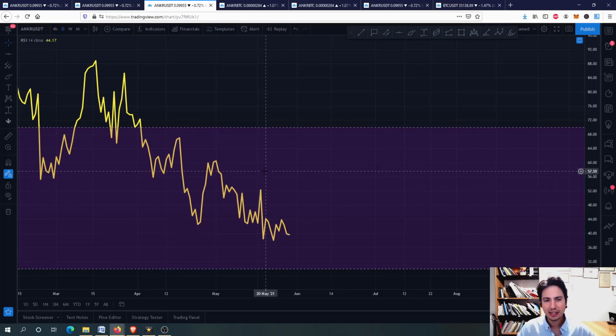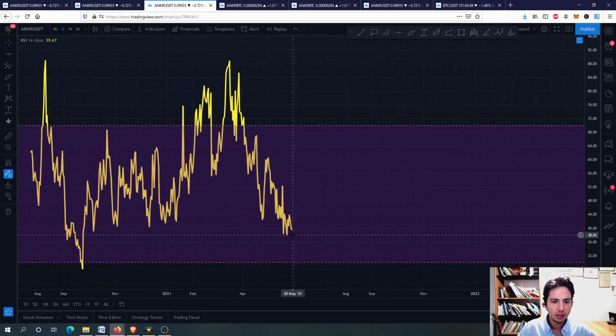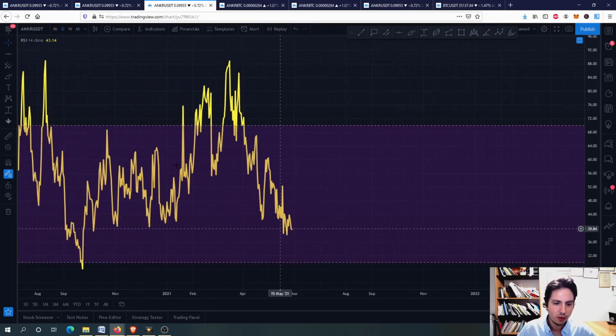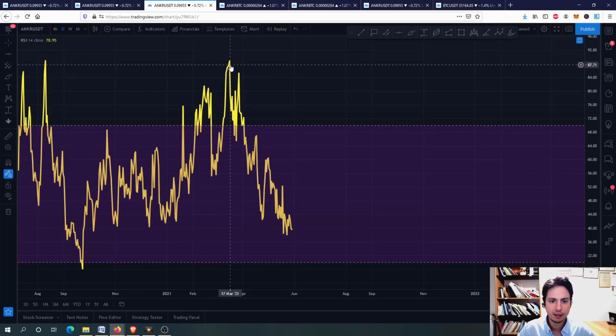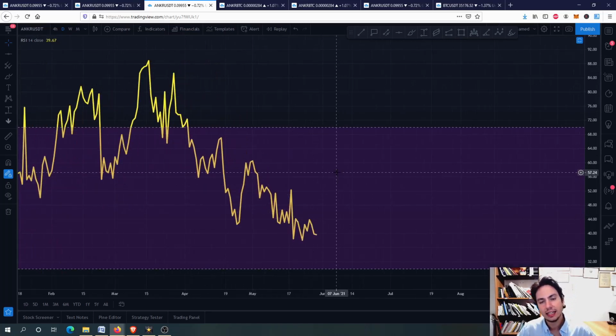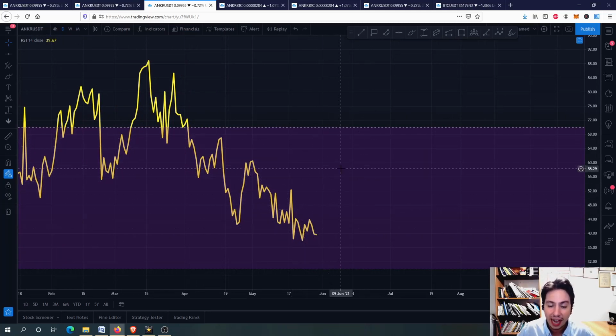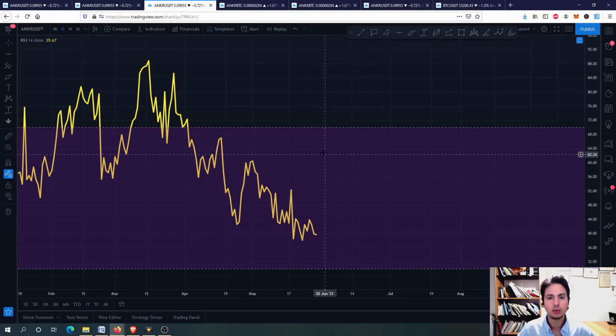So for now we need to see an upward momentum for Ankr. You can see here that we were going upwards until 16th March, then falling all the way down for the daily RSI. It is very important to see an upward trend, and of course follow a reversal pattern with higher highs and higher lows, guys. That's what we want to see eventually.